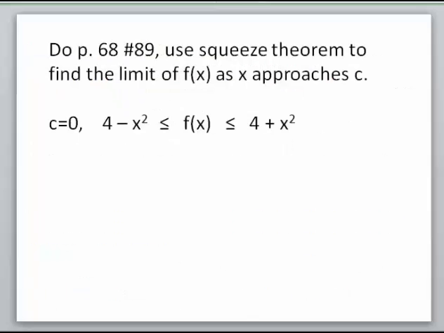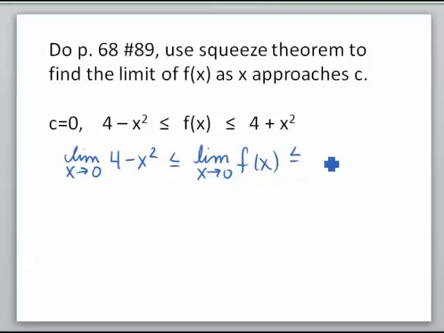So what we're going to do is use the squeeze theorem to find the limit as x approaches c. C happens to be 0 in this problem. So we're going to write the limit as x approaches 0 of this first function, less than or equal to the limit as x approaches 0 of f of x. So all I'm doing is putting the limit as x approaches 0 in front of each part of these because that's what I'm doing with the squeeze theorem. Then I'm going to just use direct substitution.